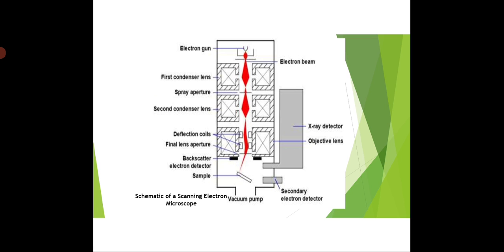First lens is condenser lens. Then electron beam passes through spray aperture. Then second condenser lens. Then electron beam passes through deflection coil. Then final lens aperture, and then electrons strike on the sample. The sample is mounted on the stage.